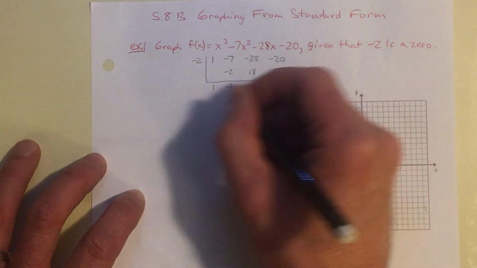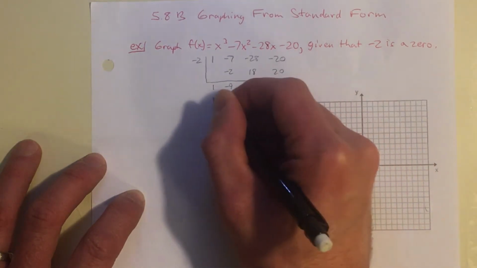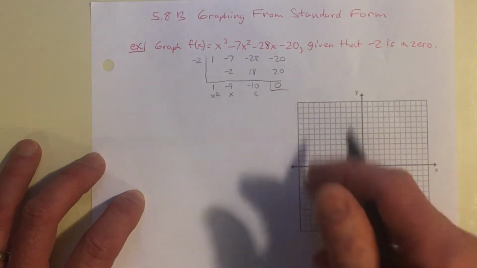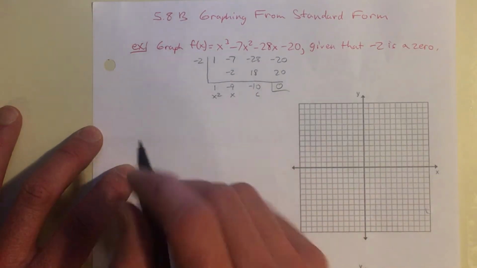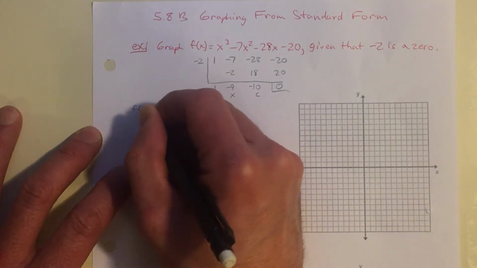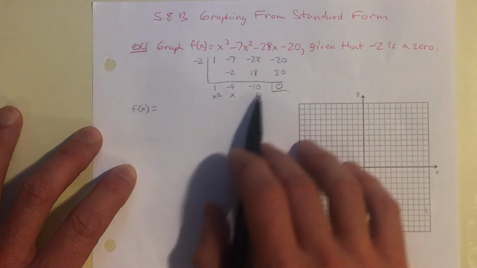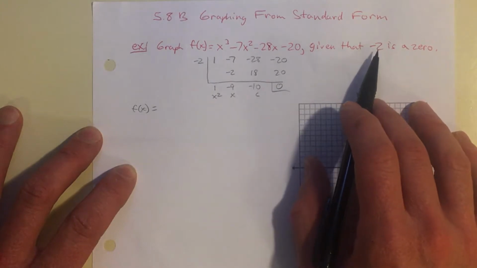Now, what this is saying is we have a constant times x squared. We have a quadratic left over. Now, I want to get you the full picture of where we're at here. At this point right now, f of x is going to be equal to this quadratic here, and we're going to write this 0 as a factor.